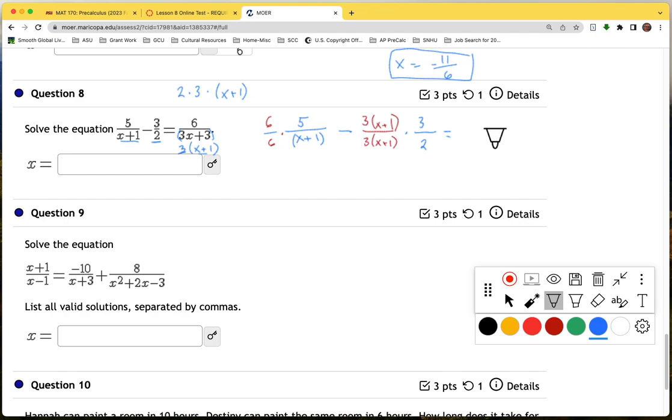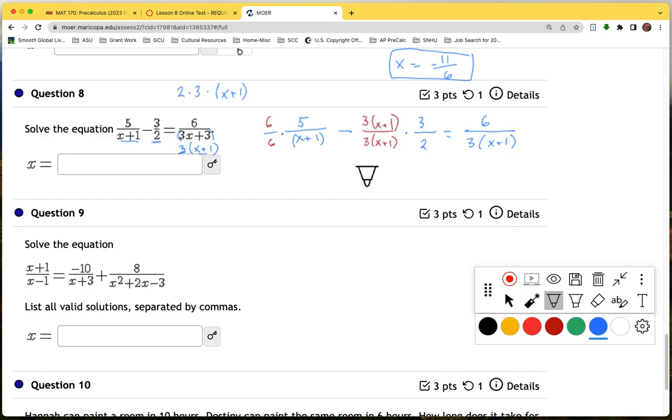And then that's going to be equal to 6 over 3. Wait a minute. I'm not doing the right thing. But I'm not far off. This would get us a common denominator.